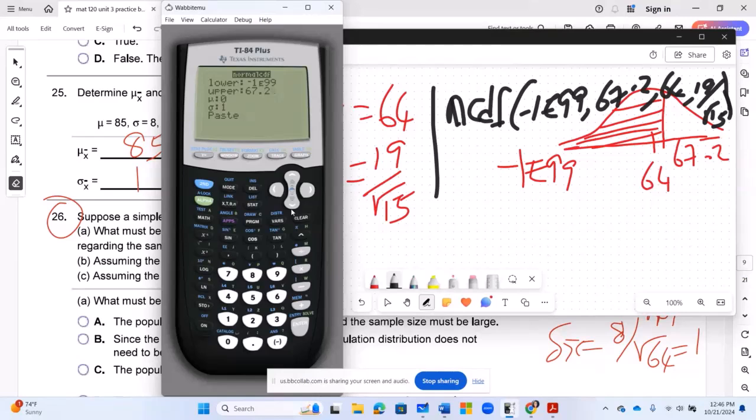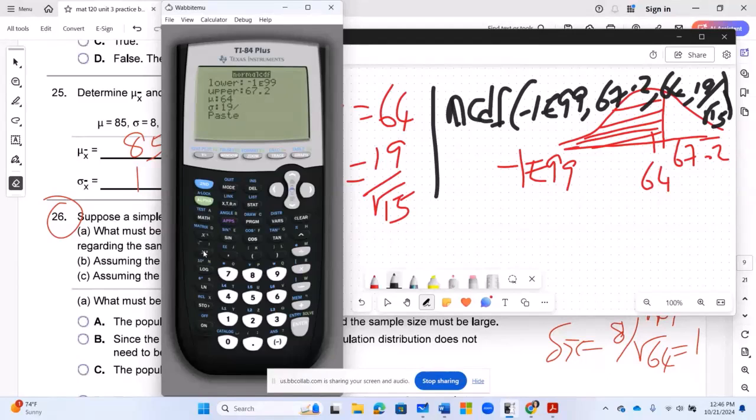The mean of this data, the raw data, is 64. The mean of the sampling distribution is 64. And the standard error is 19 over square root of 15. 19 divided by square root of 15.